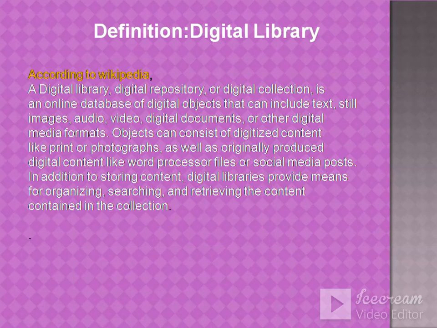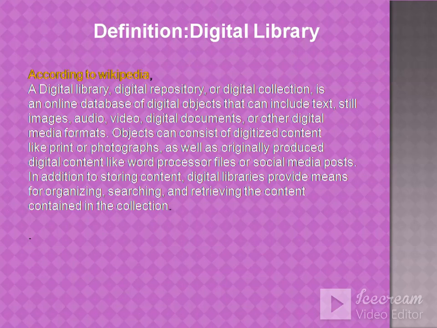Definition of digital library. There are different definitions given by different organizations, but a simple definition according to Wikipedia: a digital library is a digital repository or digital collection, an online database of digital objects that can include text, still images, audio, video, digital documents or other digital media formats.